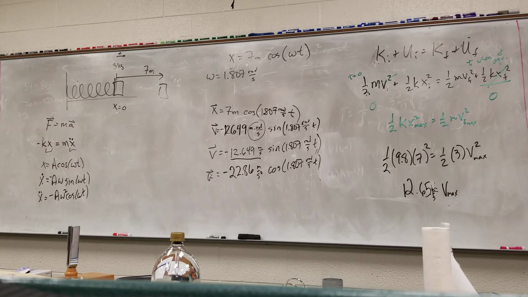So maximum speed is always the amplitude of position times omega. So you have two ways of getting the exact same answer. What's the maximum acceleration? You get 22.86 meters per second squared.